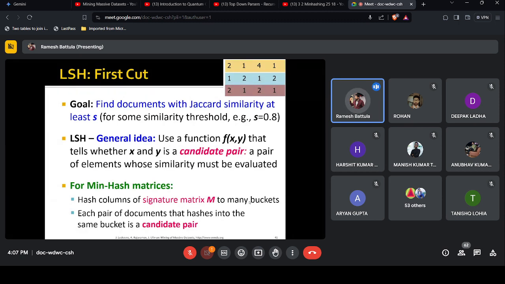The point is, till now what we discussed is one major point: we used Min-hash and we compress the large document into small signatures, and after that we need to preserve the expected similarity of any pair of documents.